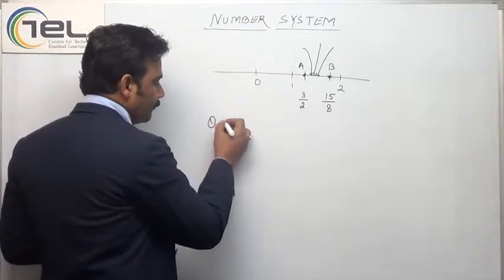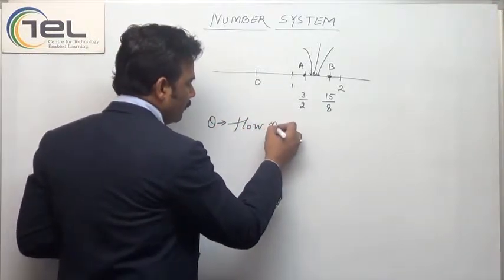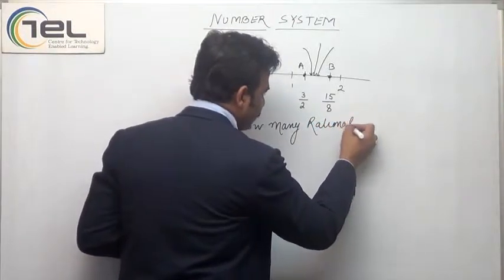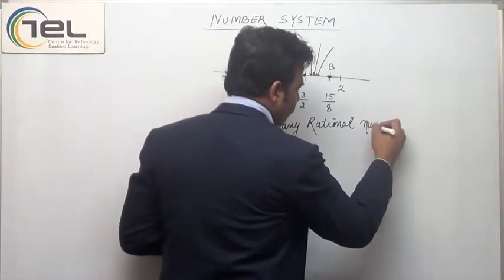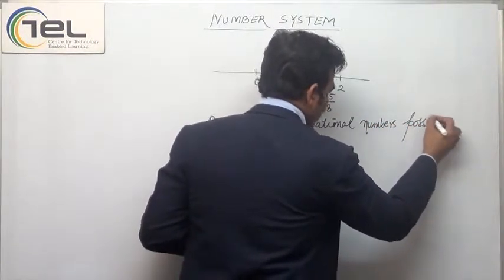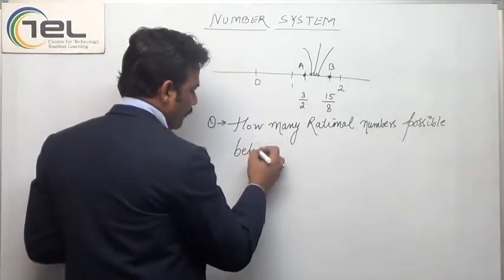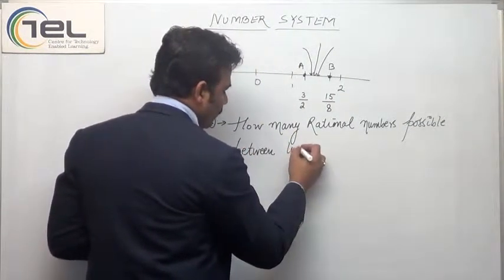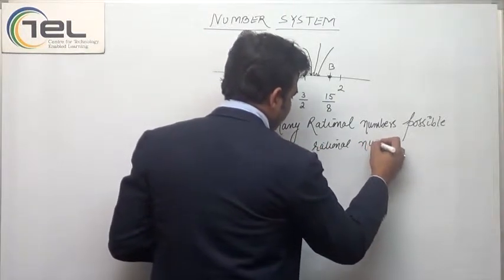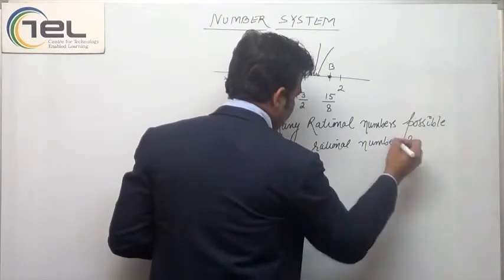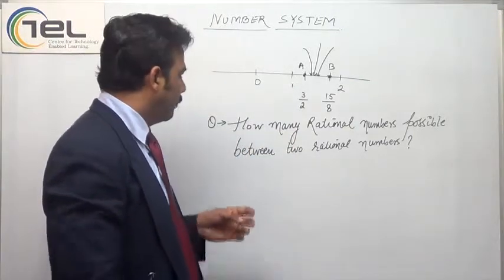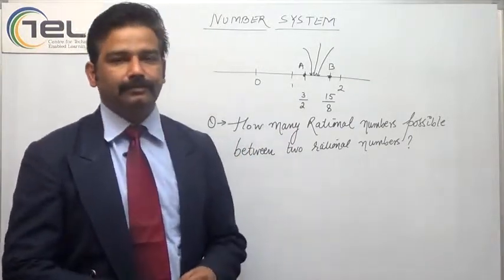The question is, how many rational numbers are possible between two rational numbers?